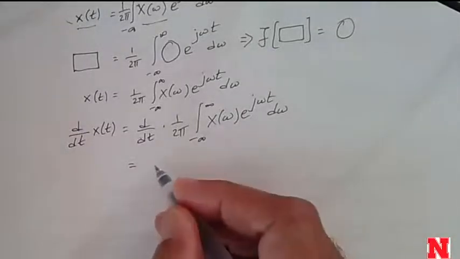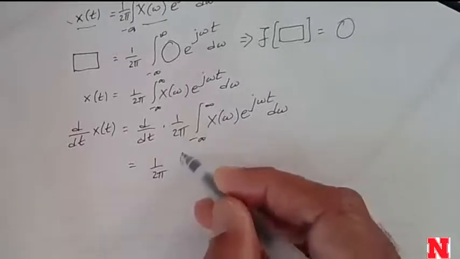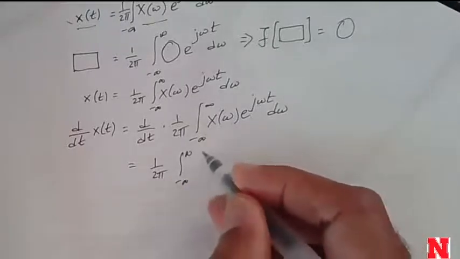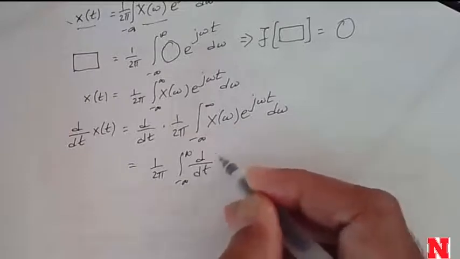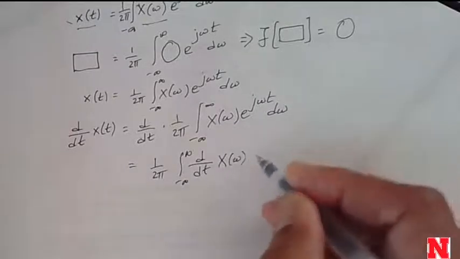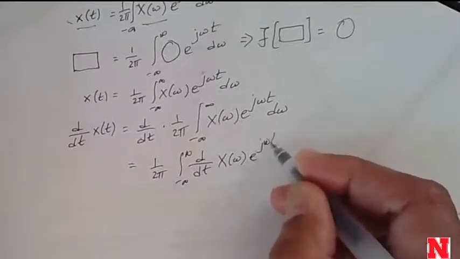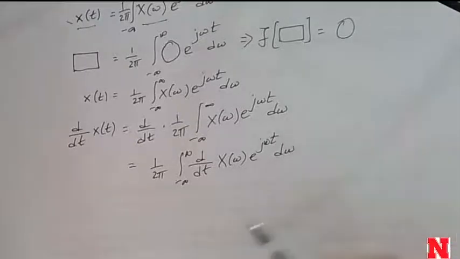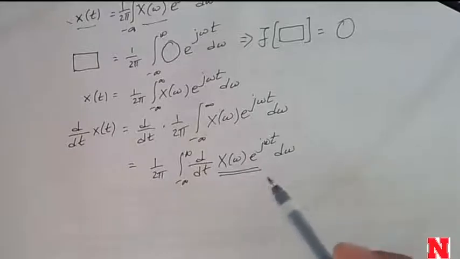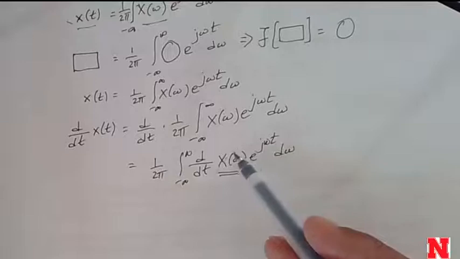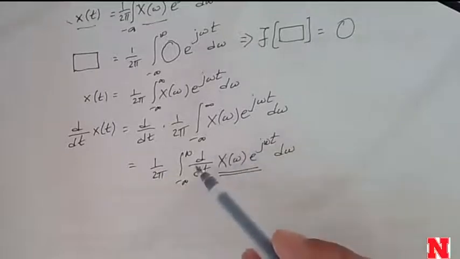So I can change this to 1 over 2 pi, the integral from minus infinity to infinity, d by dt of x of omega e to the j omega t, d omega. Now the derivative I'm taking is with respect to t. Nothing in x of omega has anything to do with t, so I can take it out of the derivative.